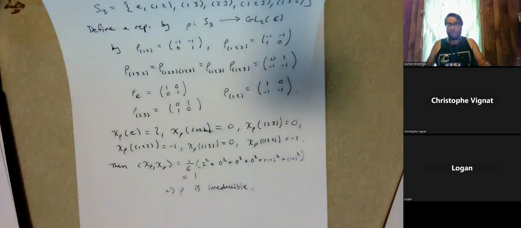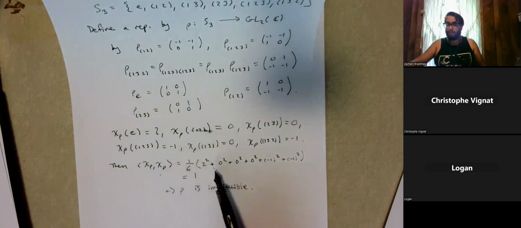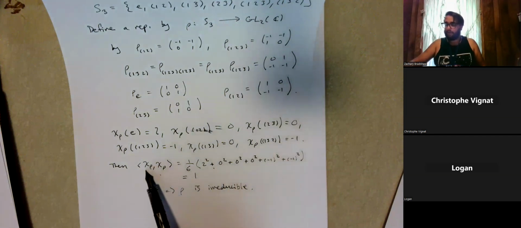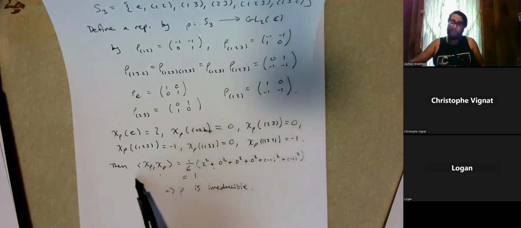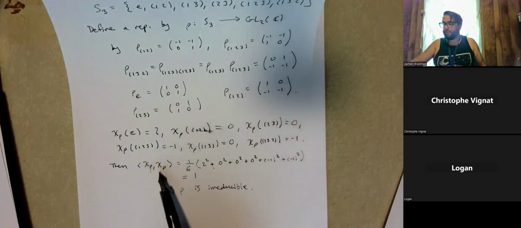Okay. So maybe I should say what happened in between here and here. You can write chi rho as, remember, an integral linear combination of the irreducible characters, right? And then you just inner product. Right?